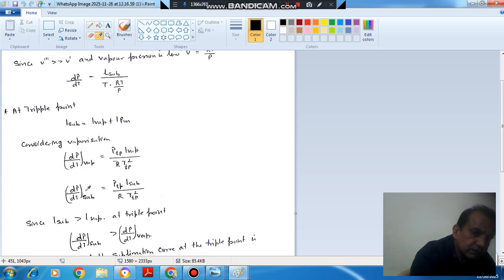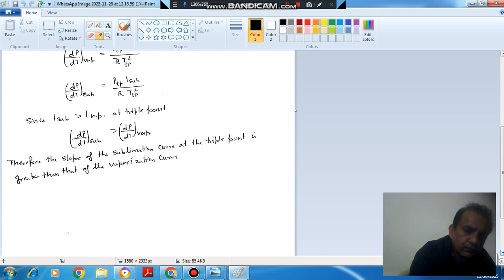If we consider sublimation, we will take the triple point pressure here, the triple point temperature here, with the same formula and L sublimation. But L sublimation is more than L evaporation, so the slope of the sublimation curve will be more than the slope of the evaporation curve. So this is at the triple point. So this is your Clausius-Clapeyron equation.